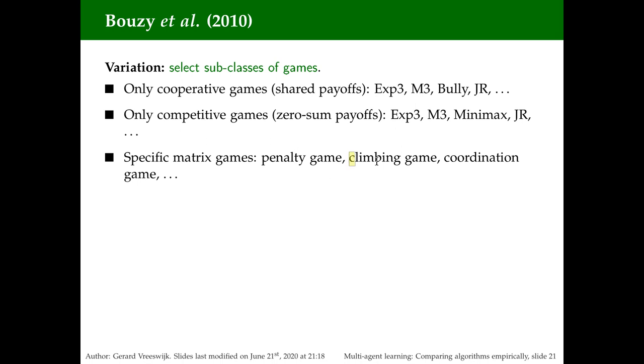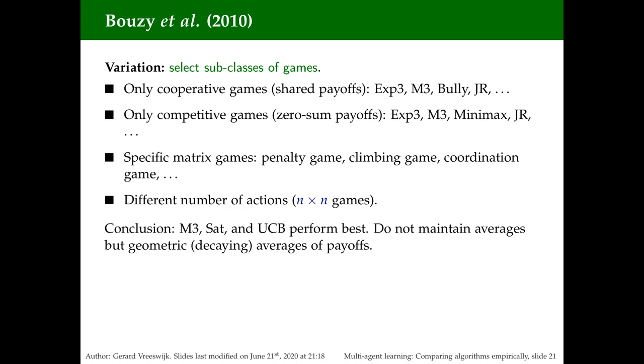On a different number of actions, the global conclusion was that M cubed performed best. The performance was measured not in terms of plain averages, but on rolling averages or geometric means.